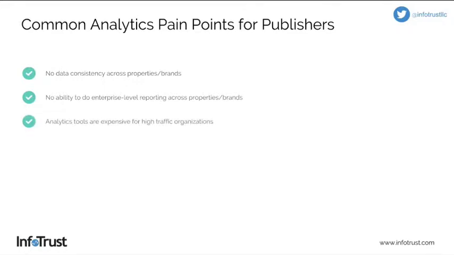One of the other things that we see a lot of the time is that really the analytics tools and their pricing models are expensive for high traffic organizations. So a lot of the times, like e-commerce and retail websites, CPG companies, consumer packaged goods companies, those companies and those websites aren't getting the sheer amount of traffic that a media company is doing, someone like Netflix or the New York Times or Washington Post.